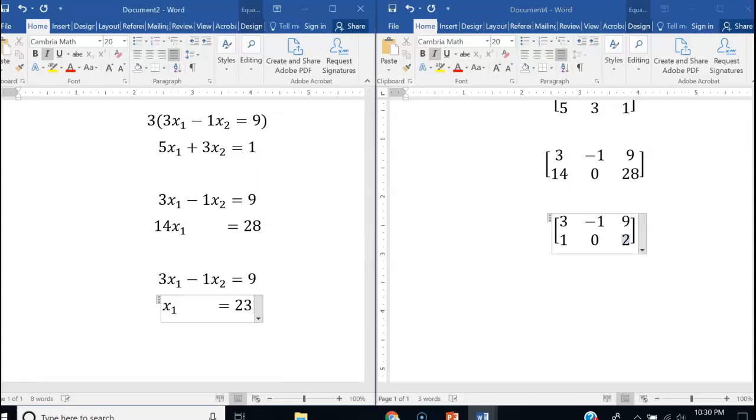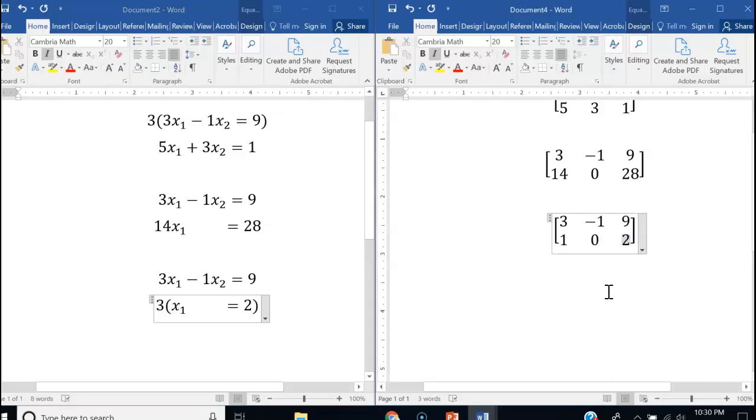3 times the second equation, and then we're going to add it to the first over here. 3 times the second equation, add it to the first.